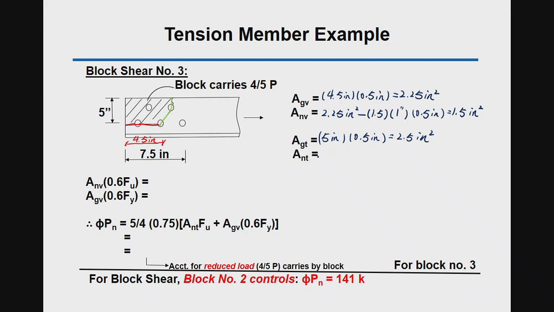So the net tension area equals 2.5 square inches minus, so there are 1.5 holes along the path, so minus 1.5 times the hole diameter 1 inch times the thickness 0.5 inches. Okay, and then don't forget to add s squared divided by 4g.